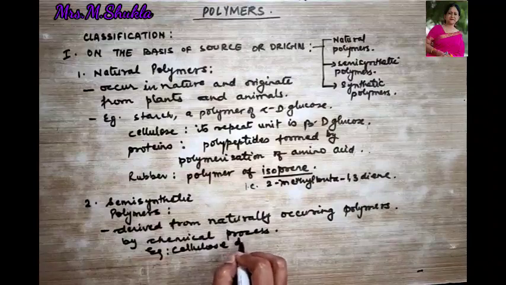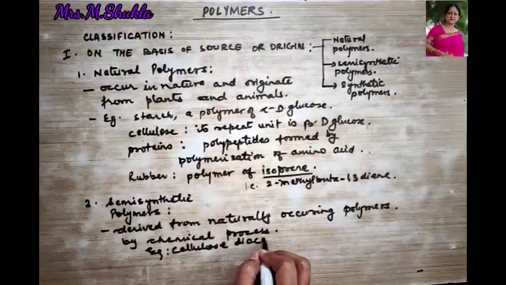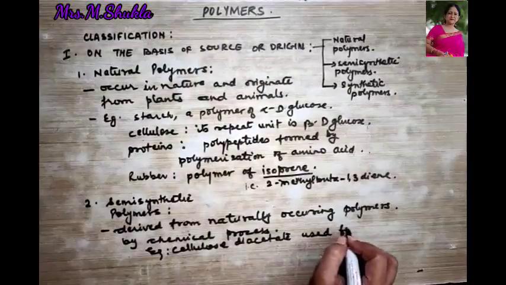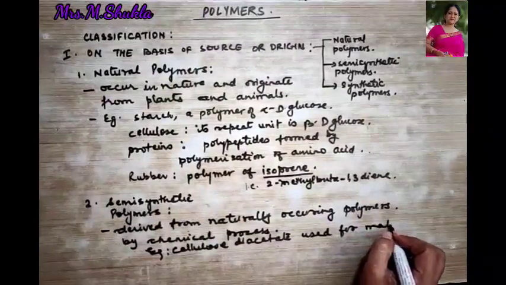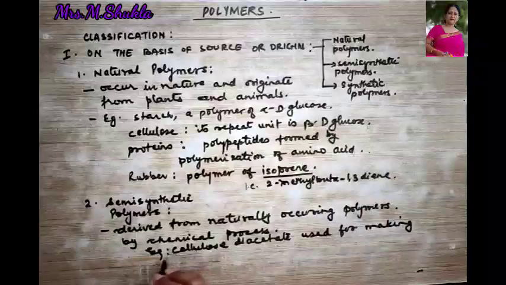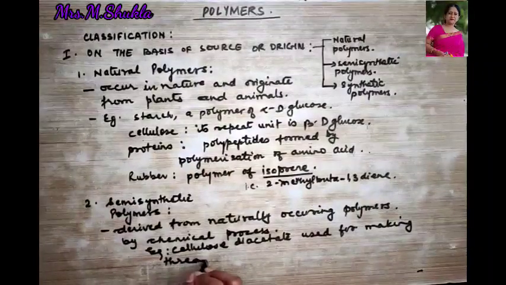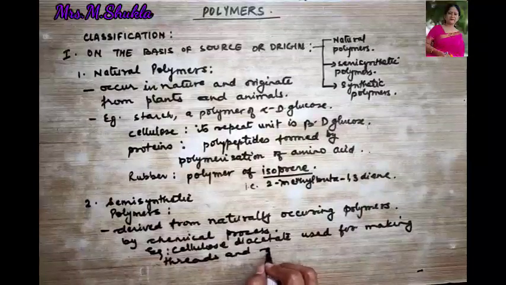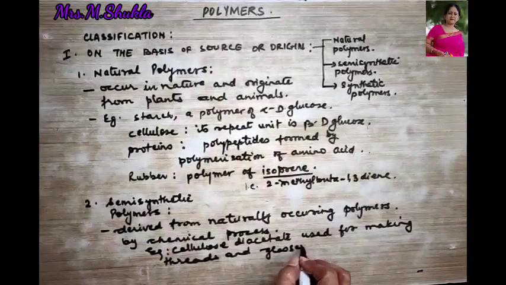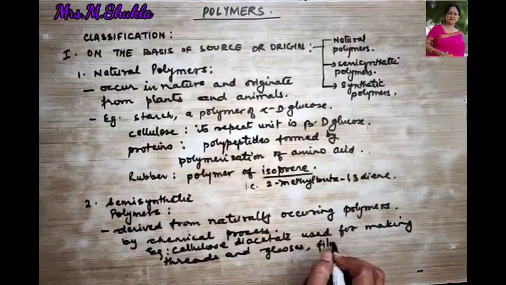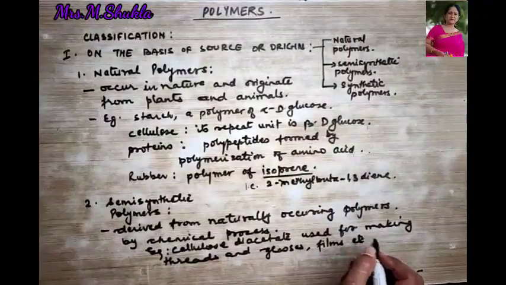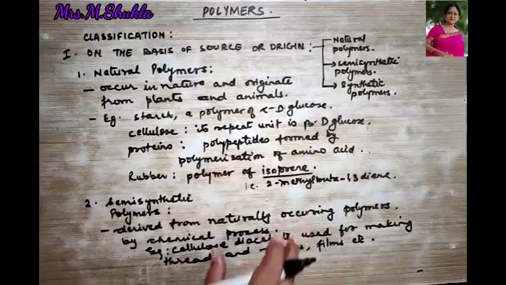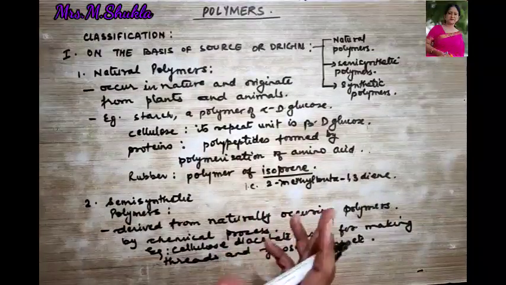cellulose diacetate. It is used for making threads, and materials like glasses, films, etc. Then even gun cotton as an explosive, then vulcanized rubber for making tires.